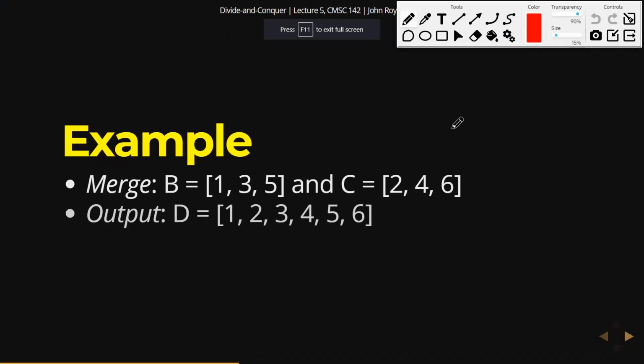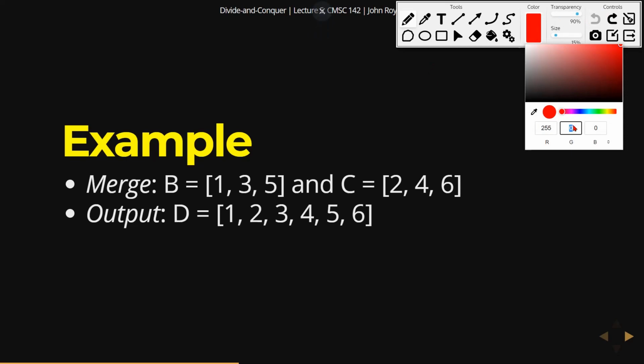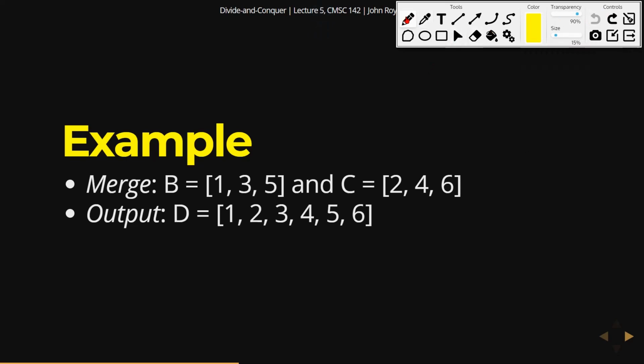Let me change the color first. Okay, if we have 1, 3, 5, and then 2, 4, 6, we know that eventually we'll get this output 1, 2, 3, 4, 5, 6 if we merge, right?